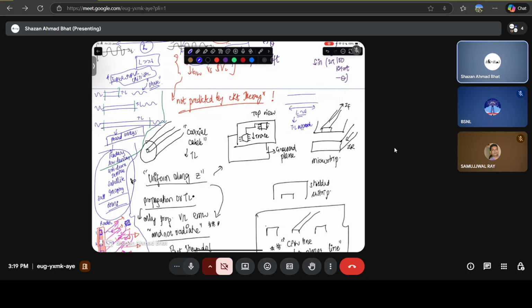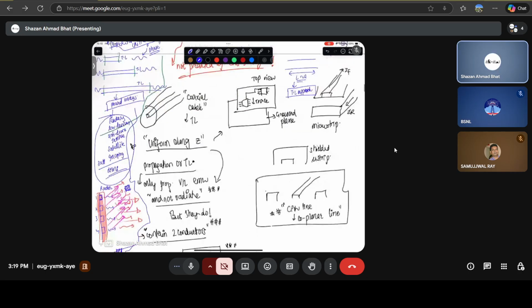Now, where these transmission lines can come into the picture, they can be guided transmission lines, just like a trace. If two boards in a circuit are being connected by a certain wire, it can be treated as a transmission line.